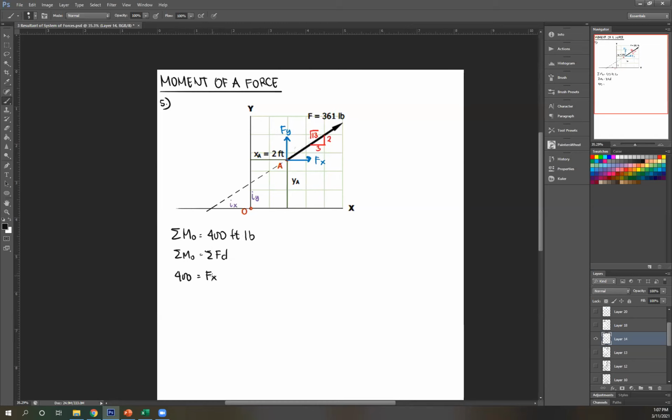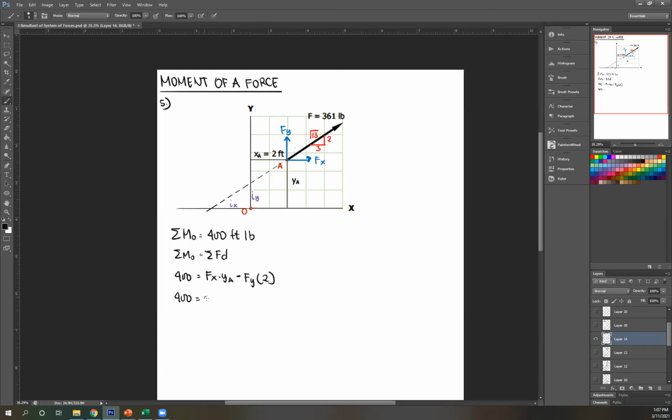Again, Fx times perpendicular distance, that's your YA. Next, Fy, that is counterclockwise, so negative Fy. Perpendicular distance of Fy is this, which is equal to 2 feet. So times 2.